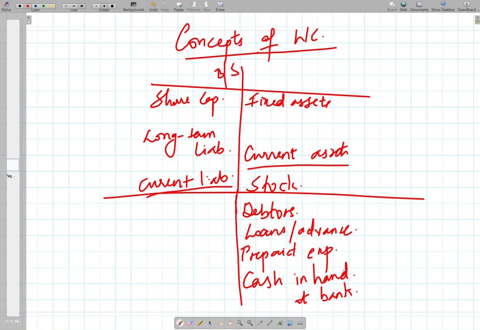Same way under current liabilities, what will we have? Creditors, right, that we are supposed to pay to other parties. So whatever we owe in the form of any money that is payable to creditors, maybe we purchased some goods from them.